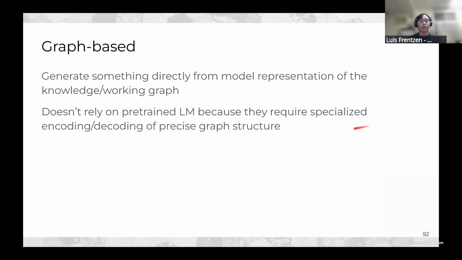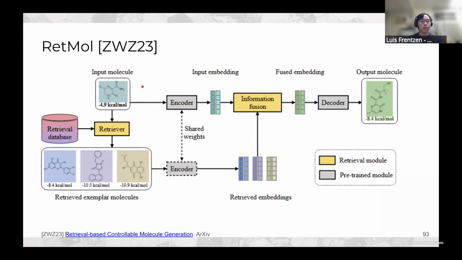This is, I think, the molecular retrieval that we discussed throughout the presentations today. Here they have an input molecule, which is represented by a string, if I'm not mistaken, a SMILES string.